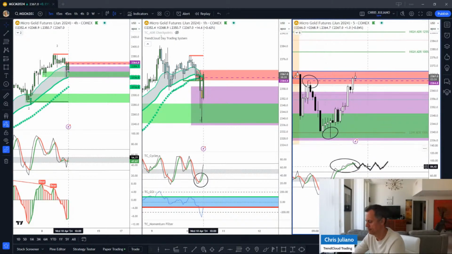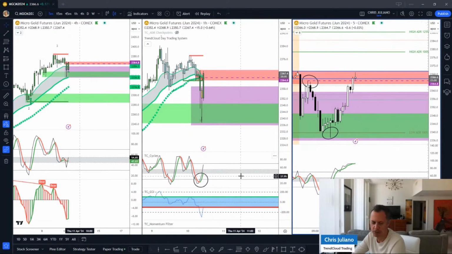And then, let me erase all these little lines here. Okay, and then on the way back down, we can start getting aggressive. We have to clear this structure, break through this structure here.